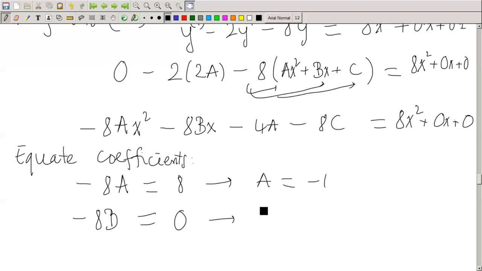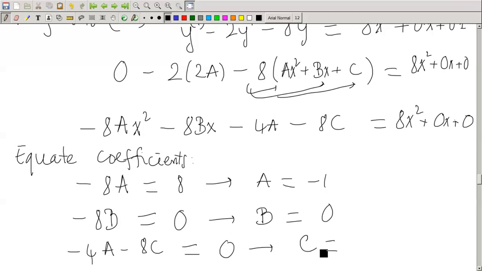We get b equals 0. And lastly, minus 4a minus 8c is 0 as well. From here, we solve for c. We know that a is -1. So plug in here, we will get c is a half.